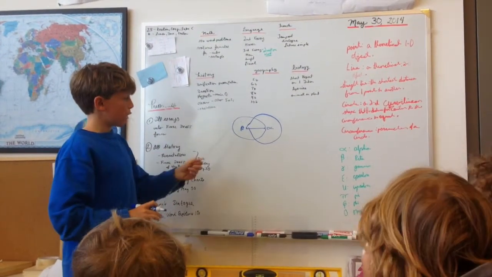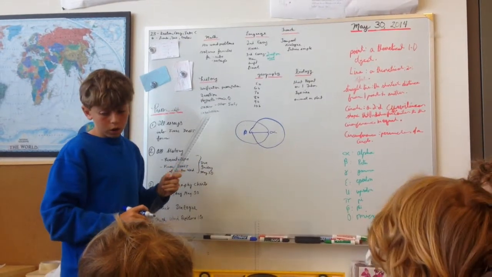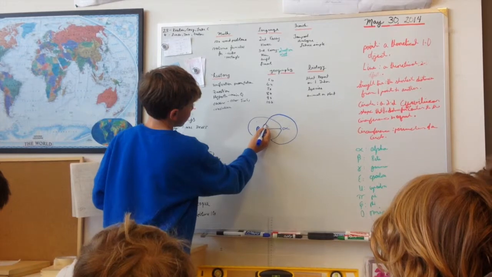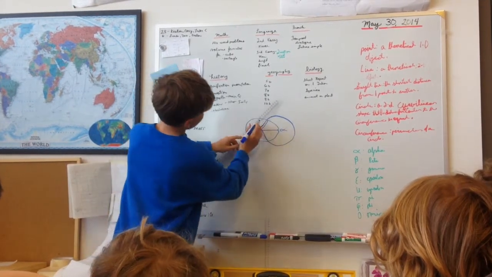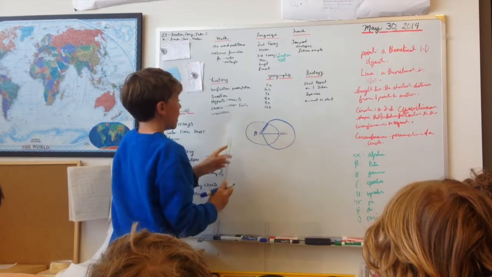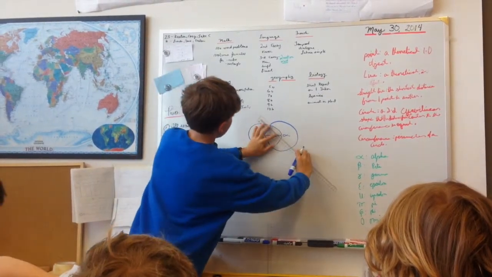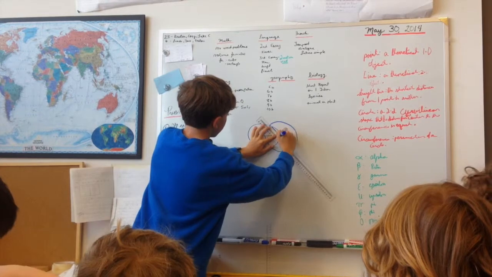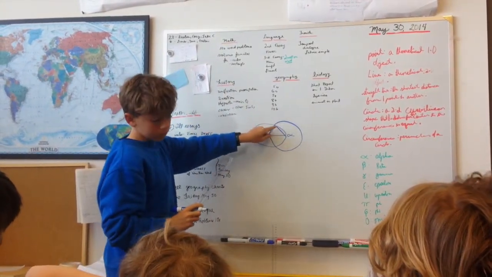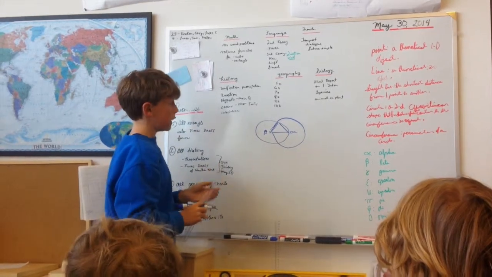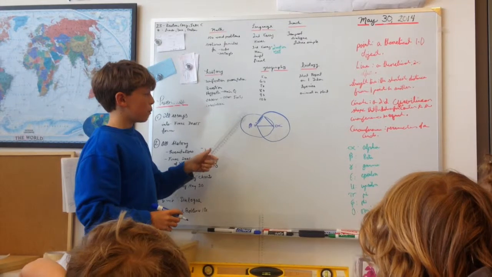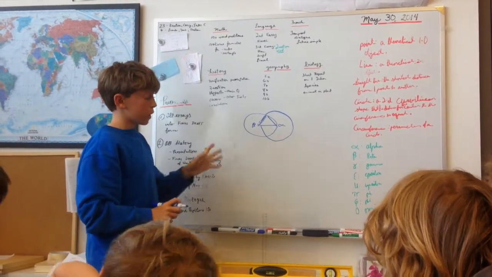And we also know that all radiuses of a circle are equal. And so if we draw a line from here to here, here to here, and then another line here to here, then this has to be an equilateral triangle, because in an equilateral triangle all sides are equal.